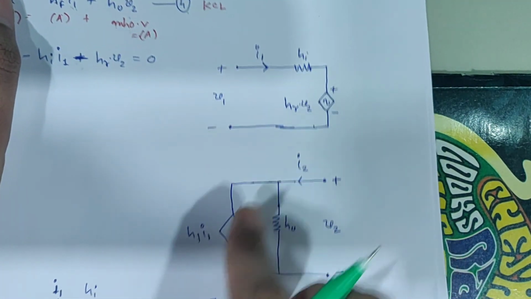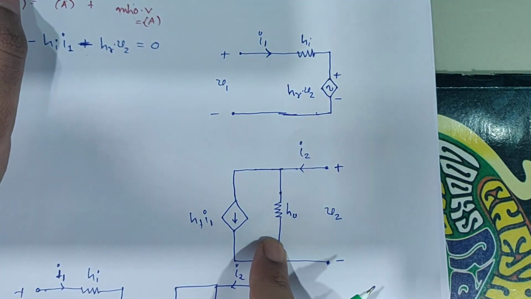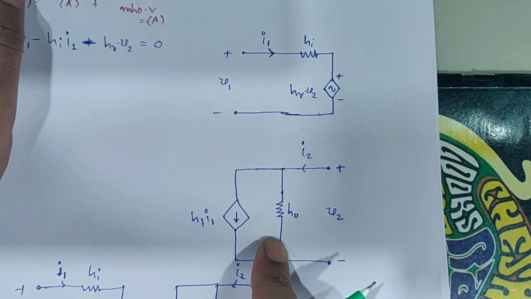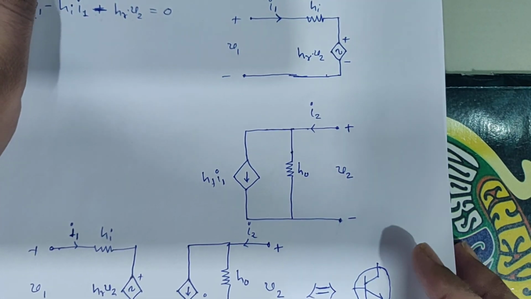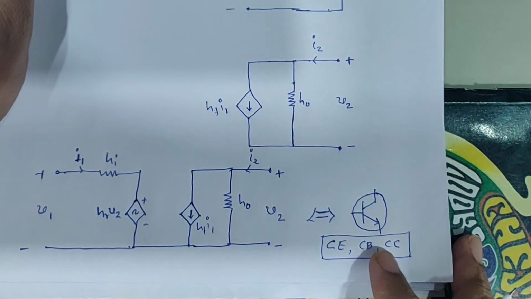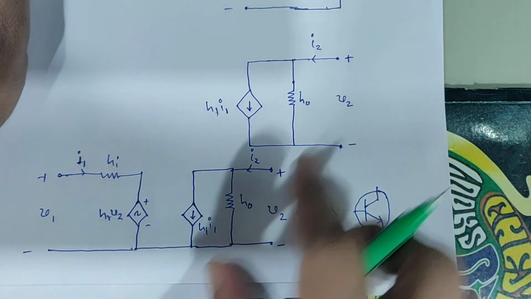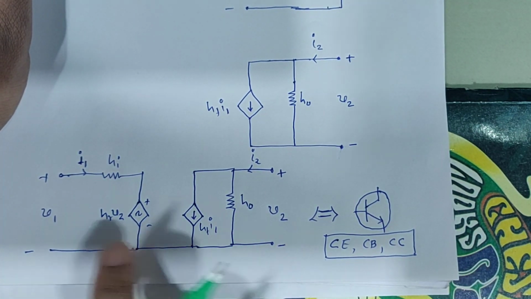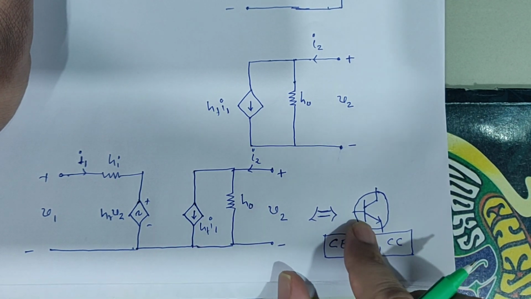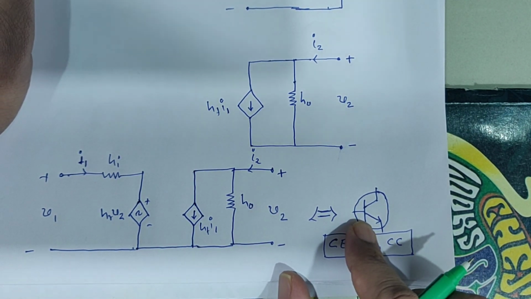So we drew two circuits from equations number 3 and 4. Then we combined both circuits into one circuit, which is the H parameter equivalent model of the transistor.